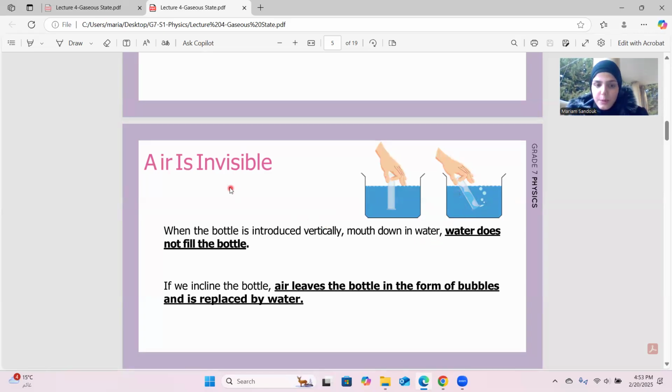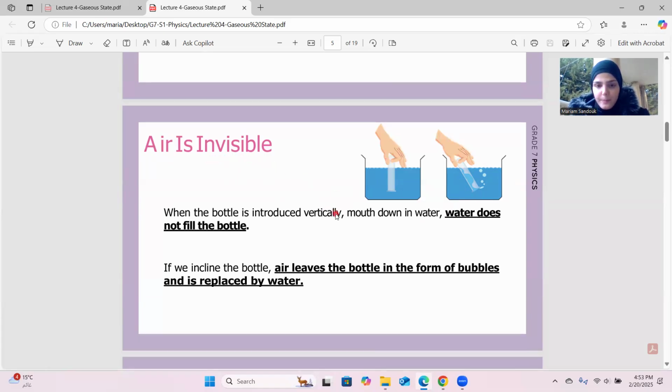So this is an experiment showing us that gases or air is invisible. So gases are invisible because, in fact, the gas, which is air here in this case, was filling the beaker, but we cannot see it. Okay? When we incline the bottle for water to enter, air must leave.